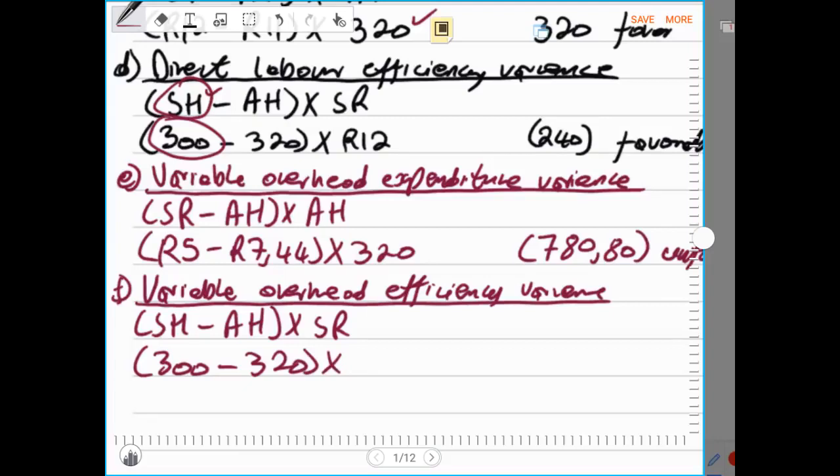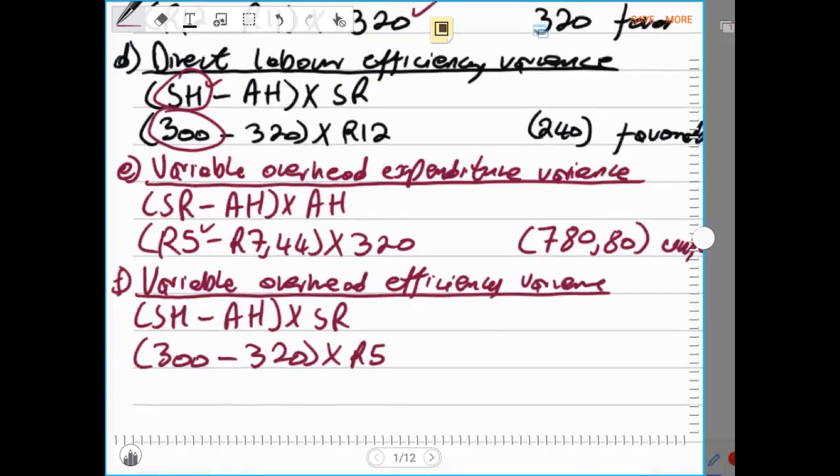But now the standard rate of overhead will definitely be different. The standard rate of variable overhead is the 5 rand. It does not change, the same 5 rand which was budgeted.